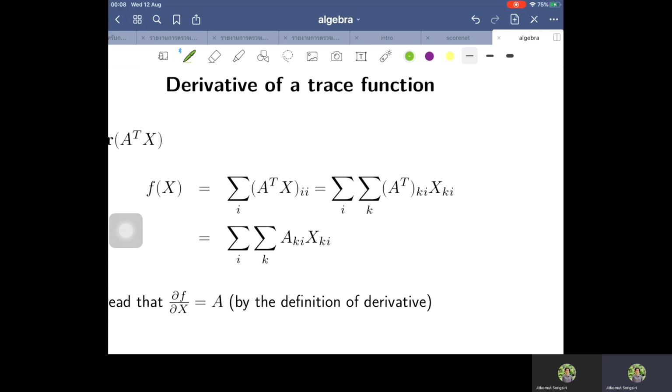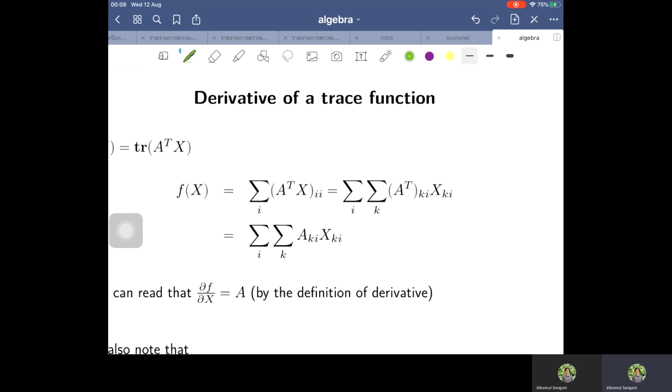Now we use the fact that trace of A transpose X, trace is the sum of the diagonal. So this is by the definition of trace. But secondly, when you multiply two matrices, the ii entry of A transpose X is going to be the sum of A transpose ik, X ki.